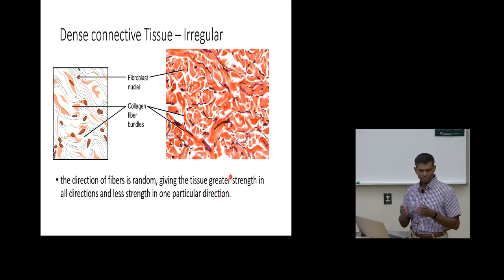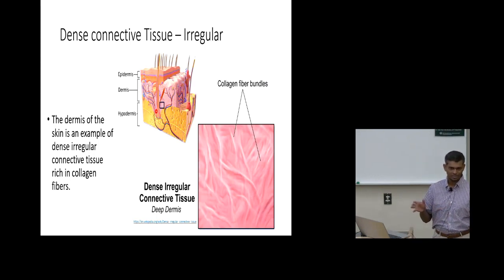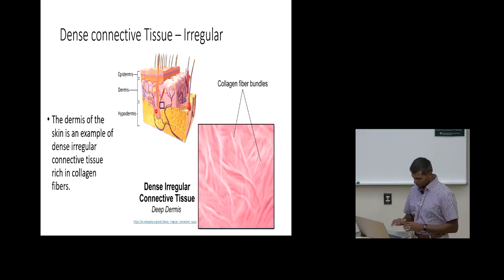So we know that muscles will contract in one direction, but a place where you need to have this type of flexibility is in the dermis, which is under your skin. We will talk about the integumentary system and the layers of the skin tomorrow in great detail. But just note that the dermis has got two parts.